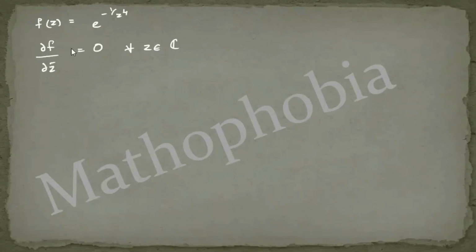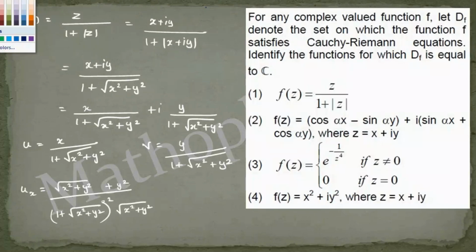So இங்க f of z is equal to e power minus 1 by z power 4 and இங்க dou f by dou z bar is equal to 0 for all z belongs to C. And if dou f by dou z bar 0 வரும்னா, it satisfies CR equations. So therefore third option la Df is equal to C. So option 3 is correct.